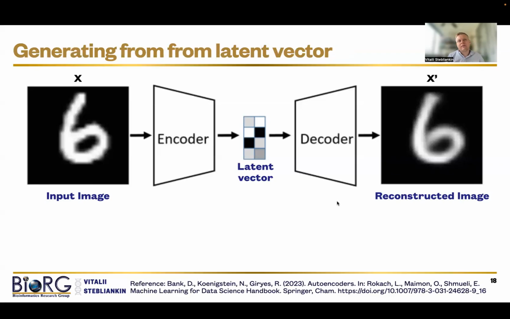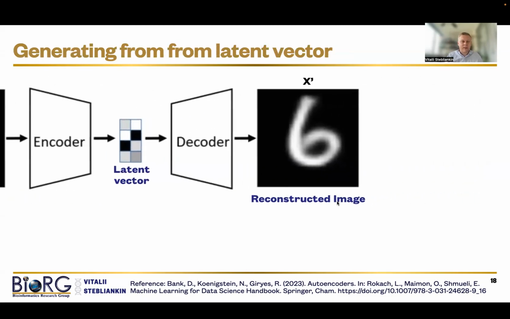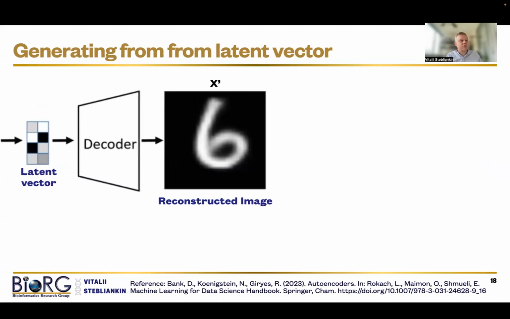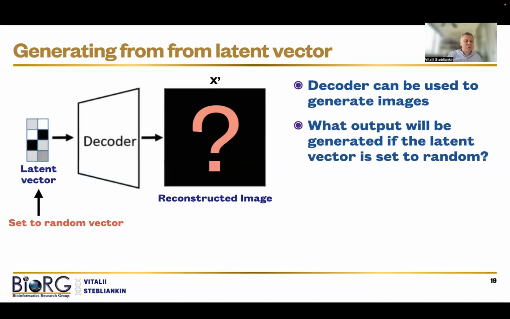So now imagine that your network is already trained, right? It knows the underlying distribution, so from input, it goes to a latent vector and it accurately reconstructs the image. So then what? What if we only use this portion, going from latent vector to reconstructed image without any input? But we don't know what the latent vector is going to look like, right? So what if we set it to some random vector? Would the decoder be able to create some meaningful image?